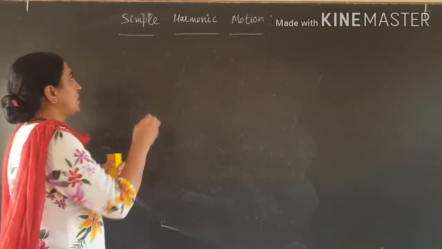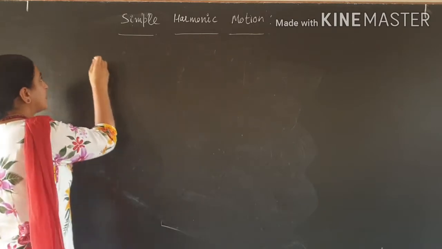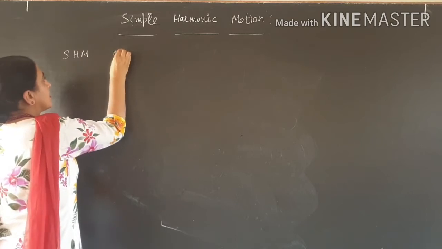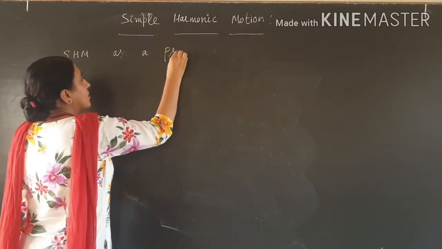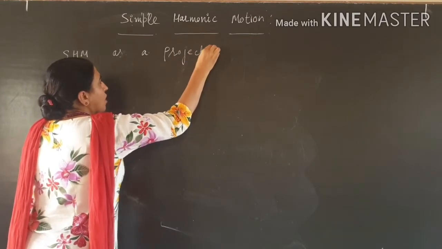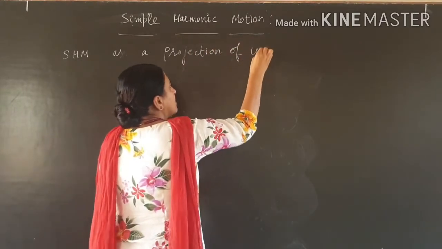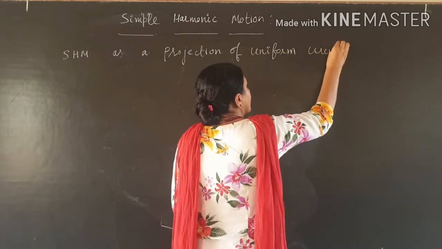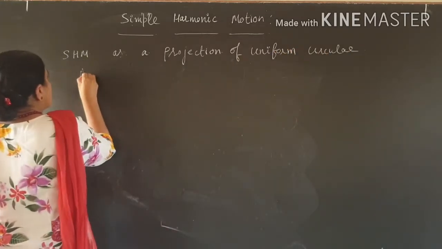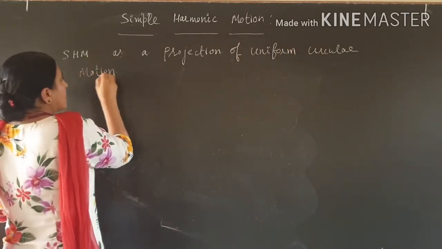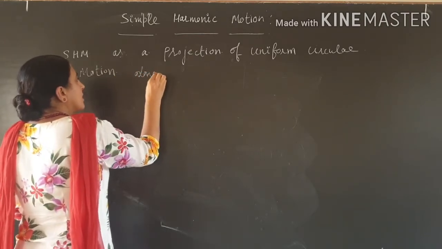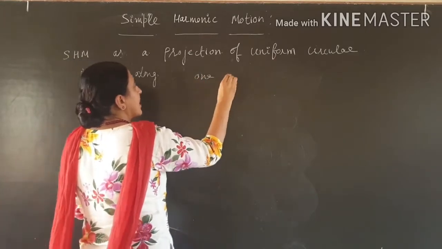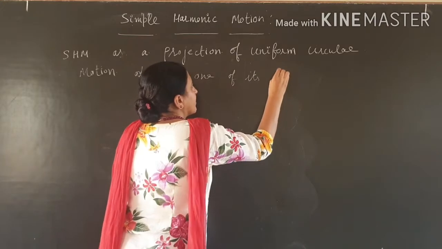Now, another important question: simple harmonic motion as a projection of uniform circular motion along one of its diameters.